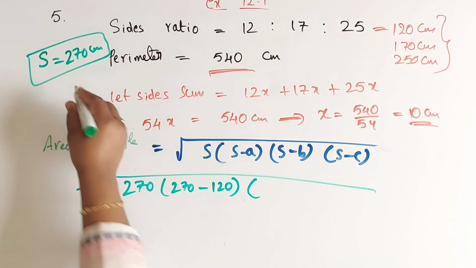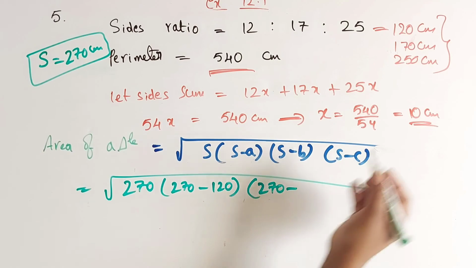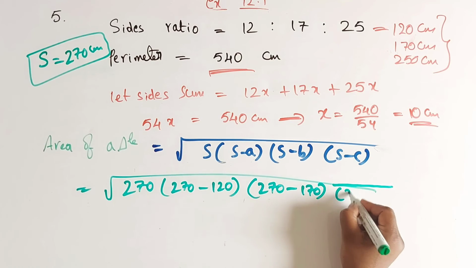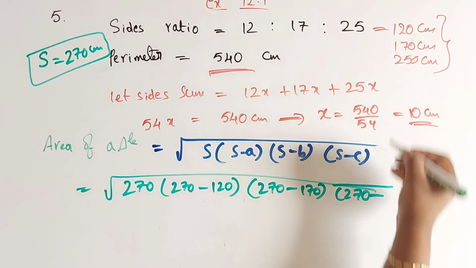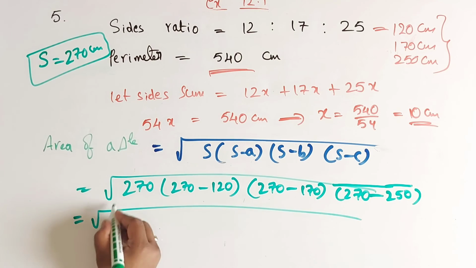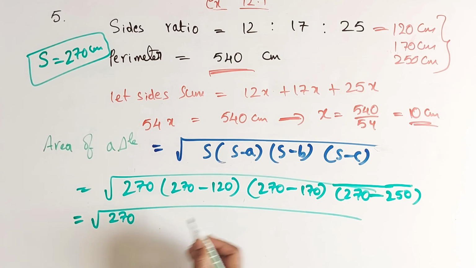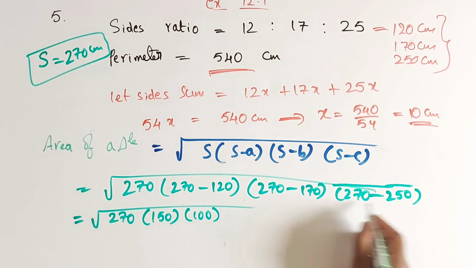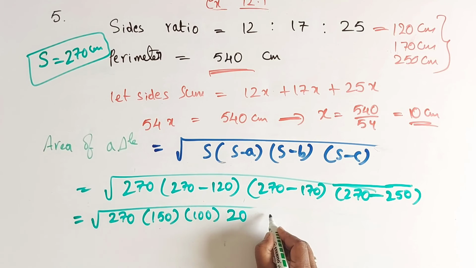S minus B, 270 minus 170. S minus C, 270 minus 250. This equal to root of 270 minus 120, 150, 270 minus 170, 100. Now 270 minus 250, 20.